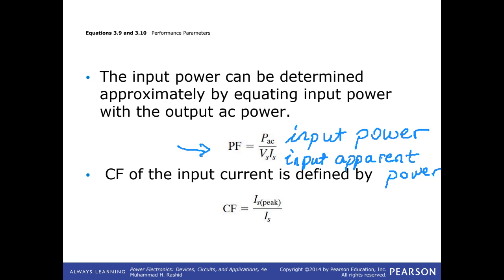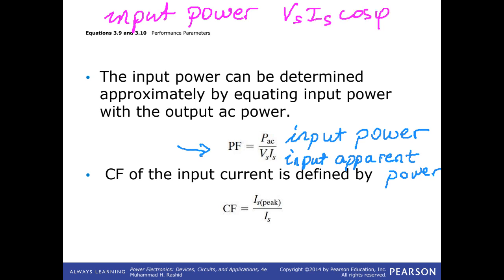Input power is Vs Is cosine phi, output apparent power and reactive power.